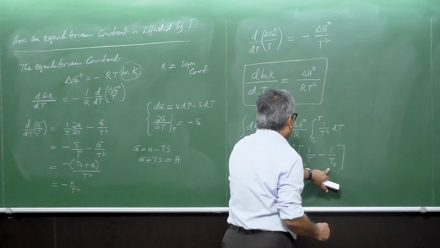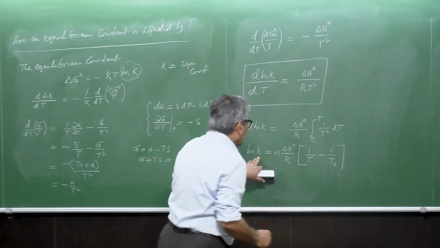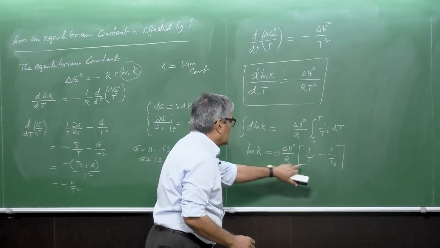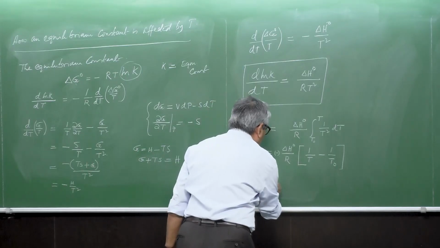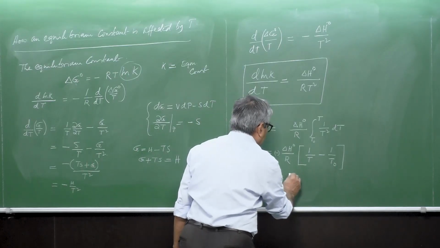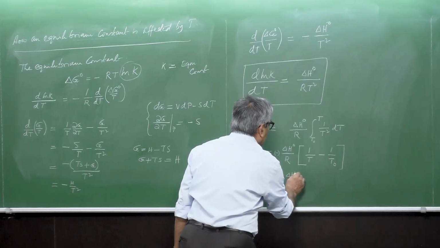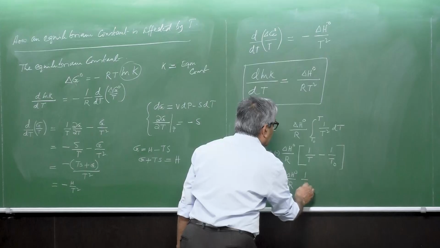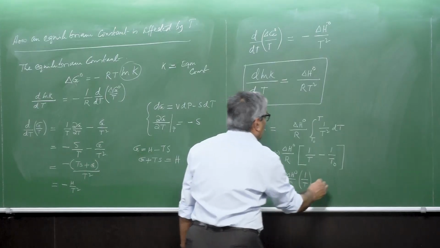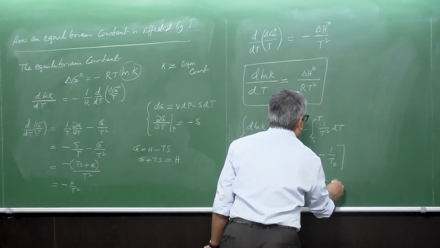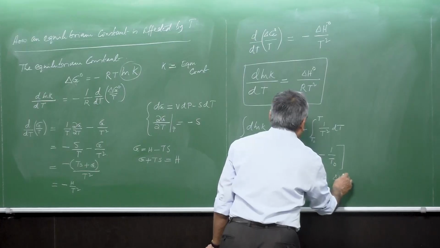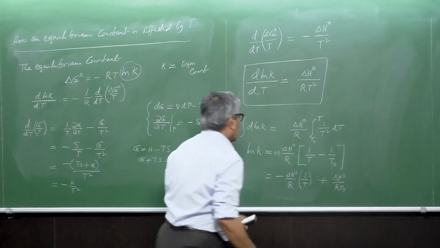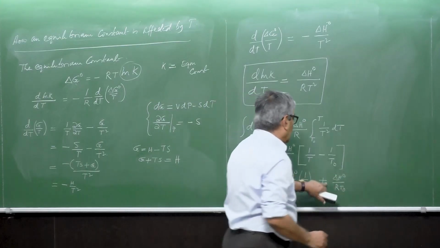So ln K has two terms: minus delta H0 by R into 1 by T, plus a term delta H0 by R T0, which is a constant term.